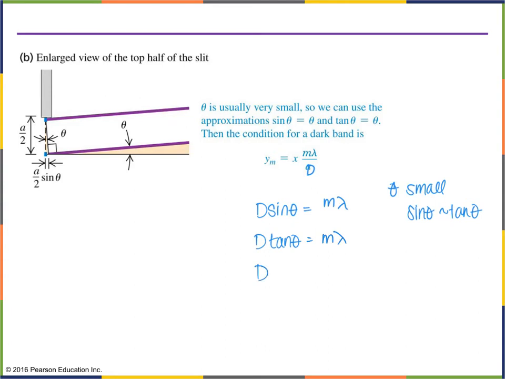And the tangent of theta is y over x, where x is the distance to the screen. And so we can find the expression for the vertical position of the bright spots, the dark spots, is going to be m lambda x over d. And that's how we got this expression here.